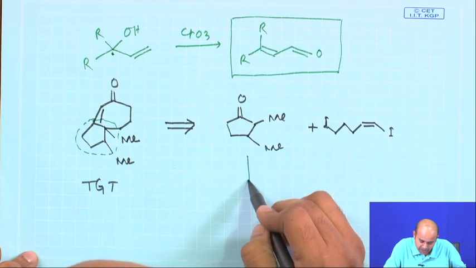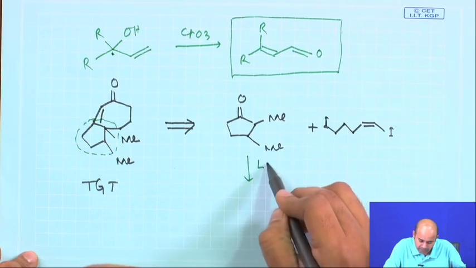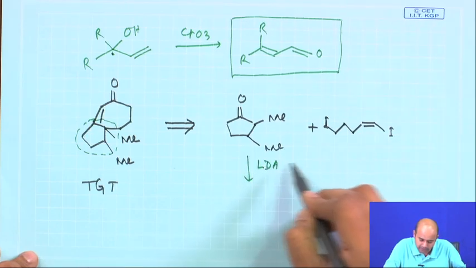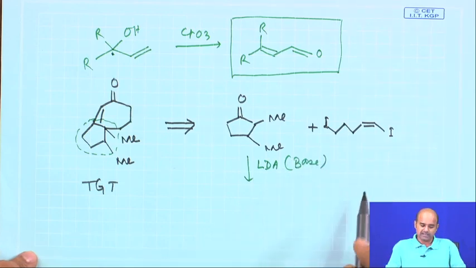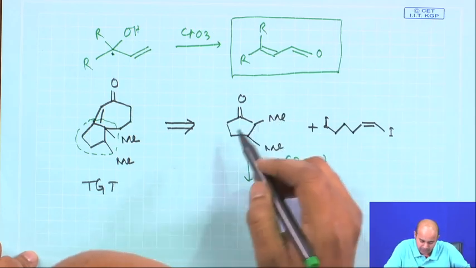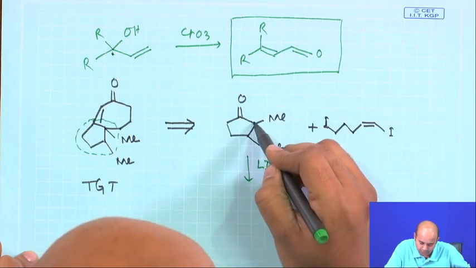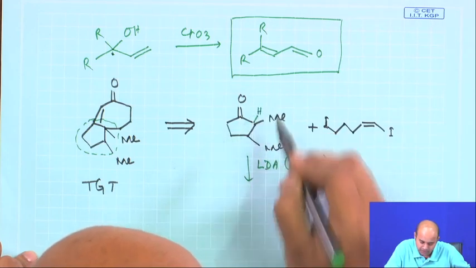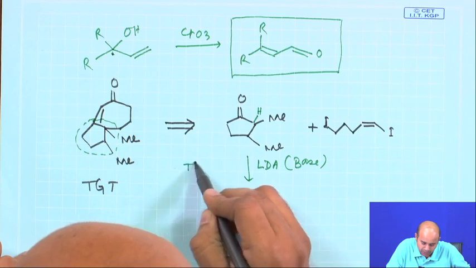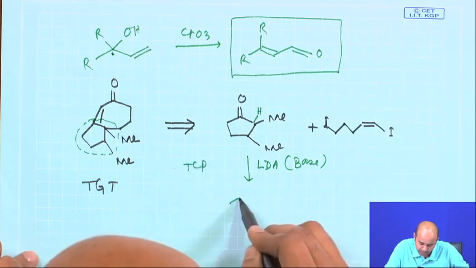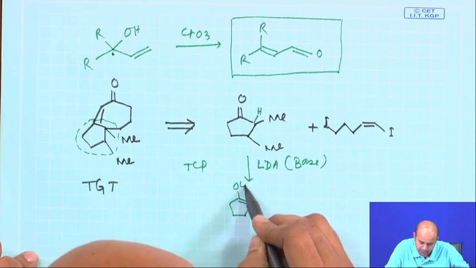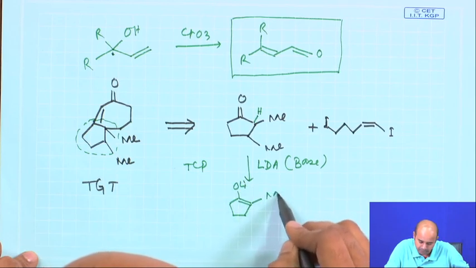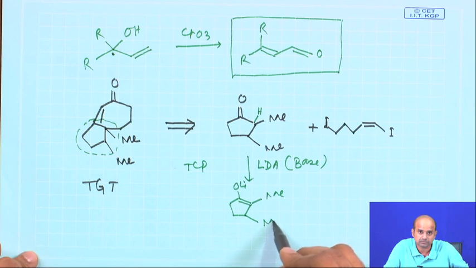Initially we will use lithium diisopropylamide, which is a non-nucleophilic base. This compound will abstract this hydrogen to give the thermodynamically controlled enolate, the enolate which is most stabilized under this condition, fine.